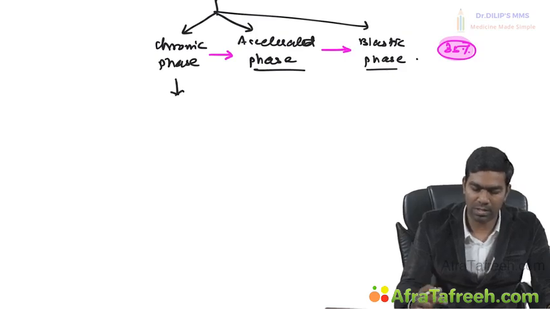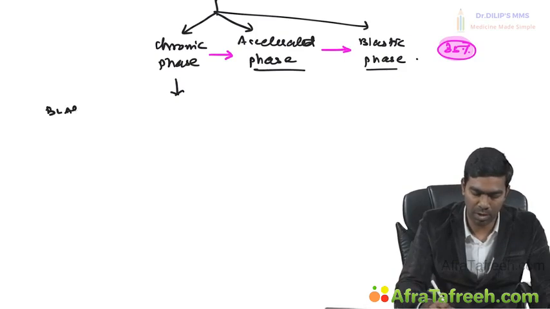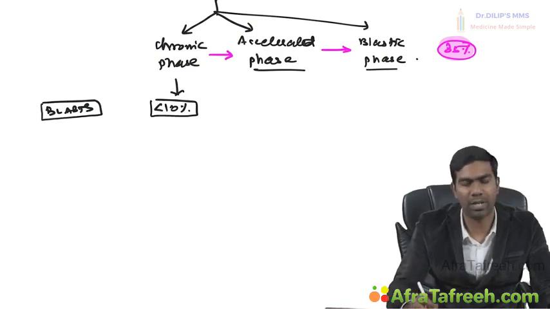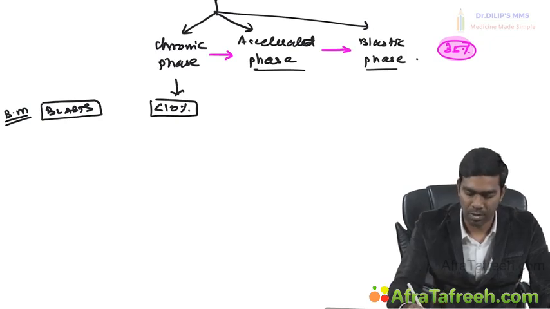Okay, what do you mean by chronic phase? Chronic phase depends on how many blasts are there in the bone marrow. If you ask me the amount of blasts in chronic phase, it's going to be less than 10% blasts in the bone marrow. That is very, very important. In accelerated phase, the amount of blasts in the bone marrow is going to be somewhere around 10 to 19%.